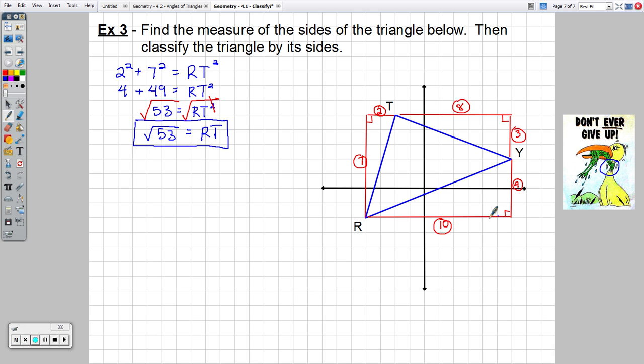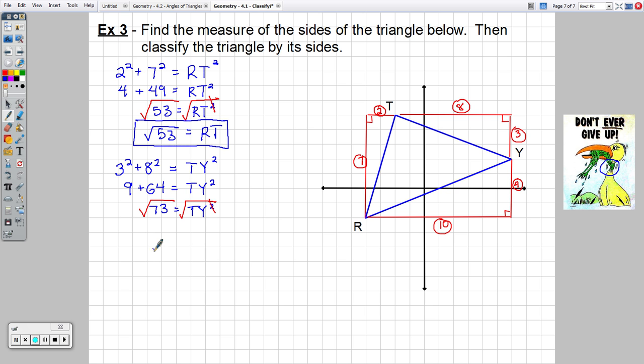So next up, I've got 3 squared plus 8 squared would equal TY squared. You could say YT squared if you wanted. This is 9 plus 64 equals TY squared. That would be 73 equals TY squared. Take the square root of both sides just like before. Square roots and square will cancel.